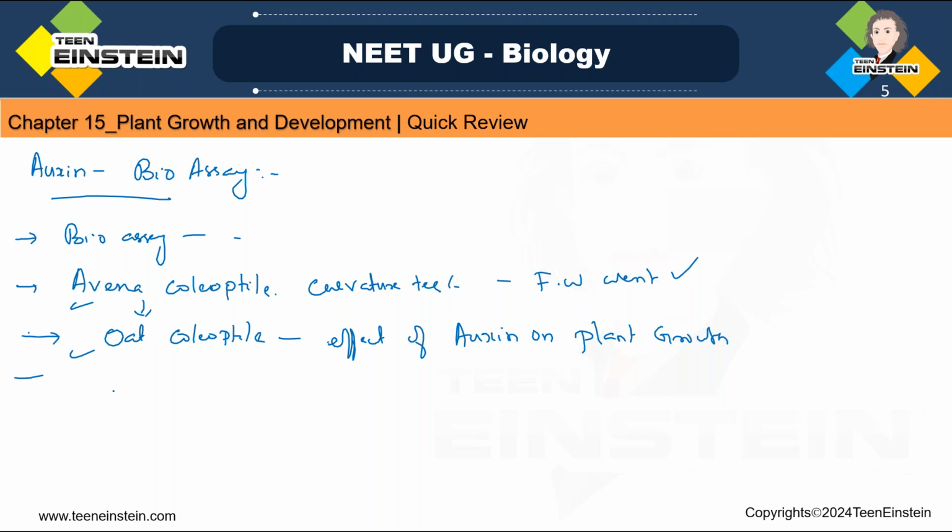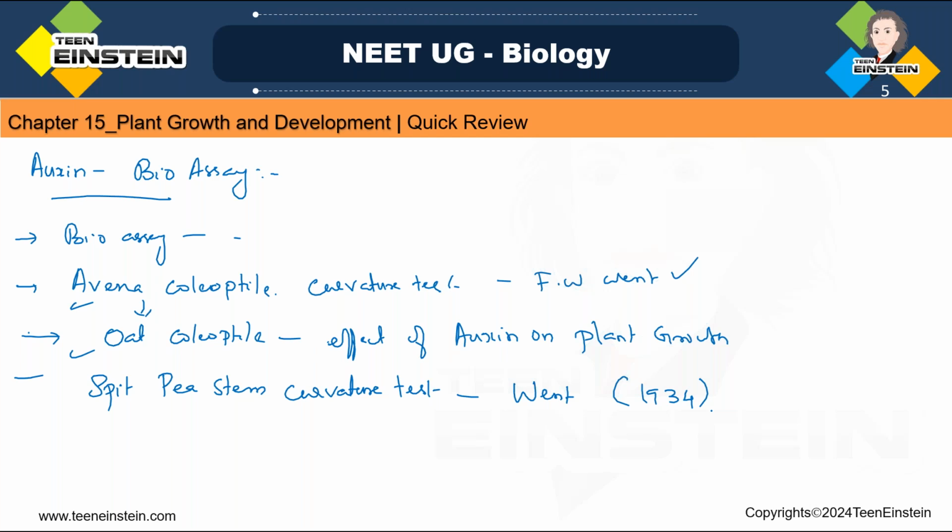Next question, split pea stem curvature test. This was also discovered by Went in 1934.